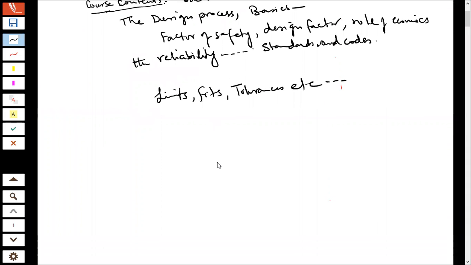We are going to then switch to mechanical joints. How do we make joints? We will talk about permanent joints and temporary joints.